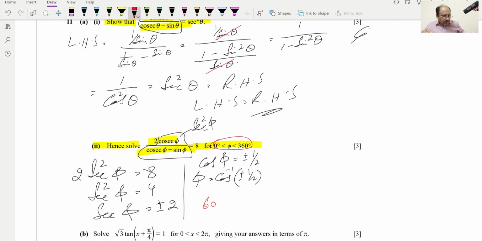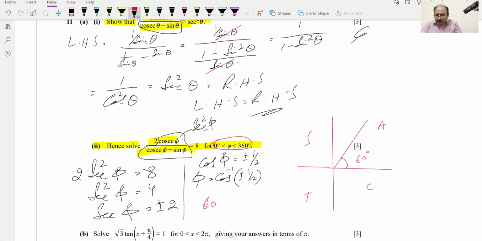We can check for the other angles, and we can draw the coordinate axes or the quadrants.